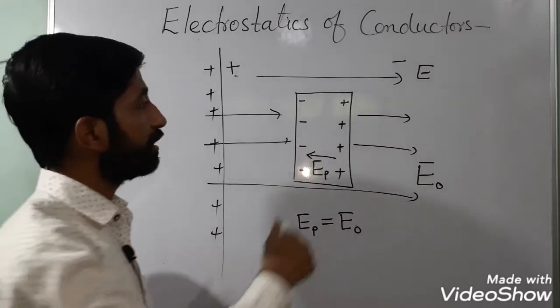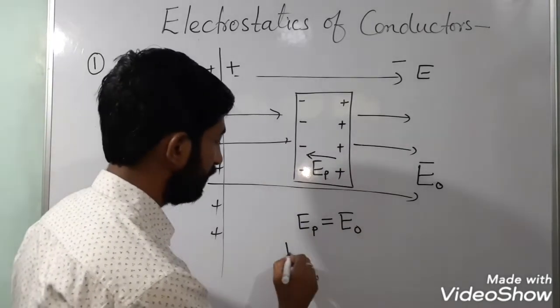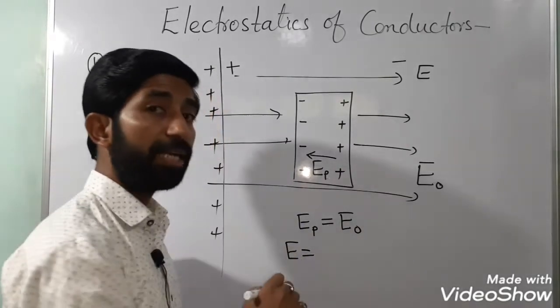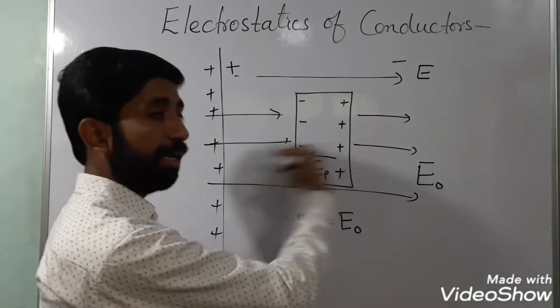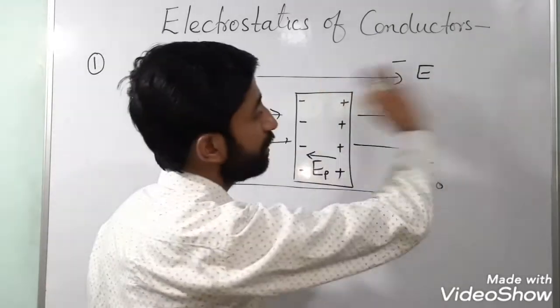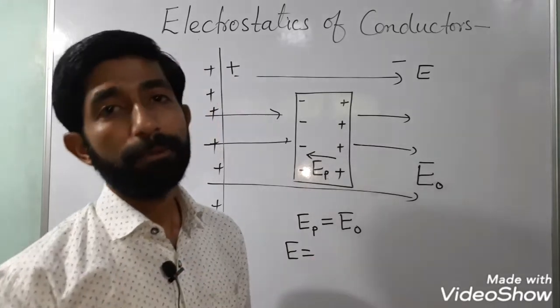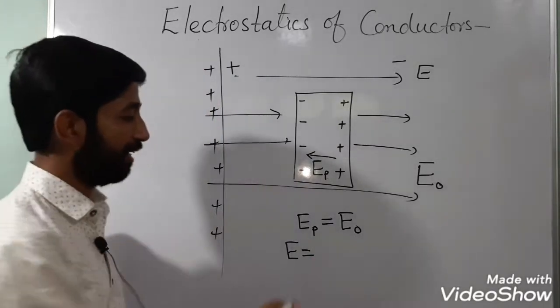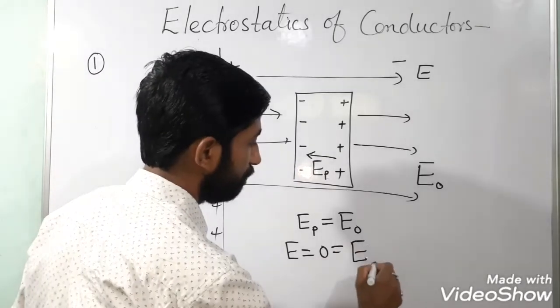equals the outer electric field. It means inside the conductor the net electric field E will be exactly equal to 0, because this field is towards the left and this outer field is towards the right. Both being equal and opposite simply cancel each other, and the net electric field is 0. How does this 0 come?